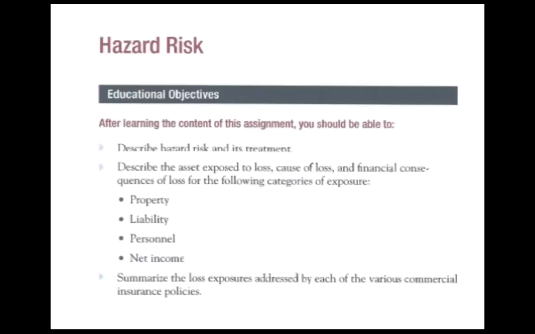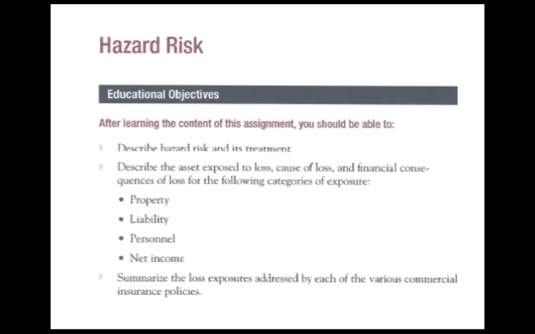So first, one of the objectives, describe hazard risk and its treatment. Right, what does that mean? Then be able to describe the asset exposed to loss, cause of loss, and financial consequences of loss for the following categories of exposure. So we'll talk in a little more detail about property exposures, liability, personnel, and net income. So as we do that, you have to be able to describe the asset exposed to loss, cause of loss, and financial consequences for property coverage.